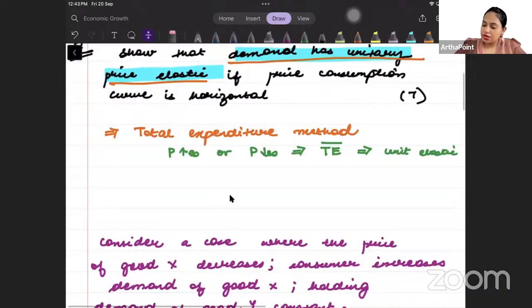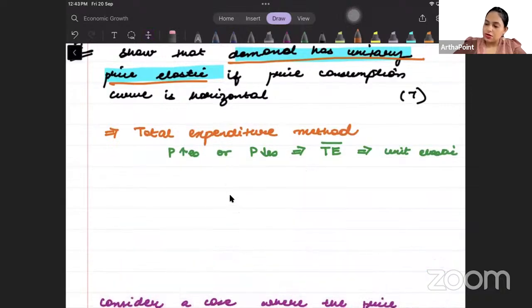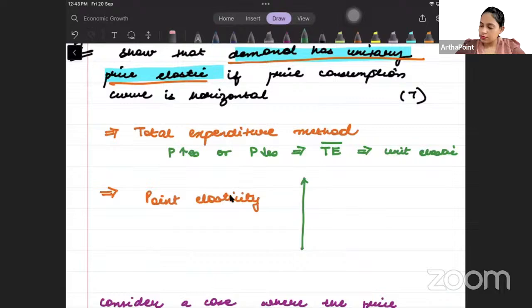The second part is the method of point elasticity. The point elasticity method says that you make a demand curve, and at different points on the demand curve, the elasticity would be different.